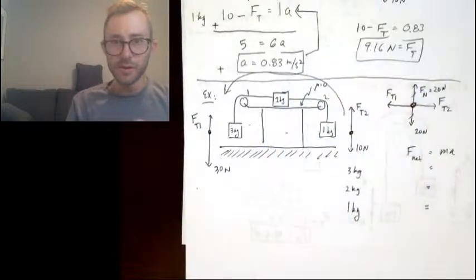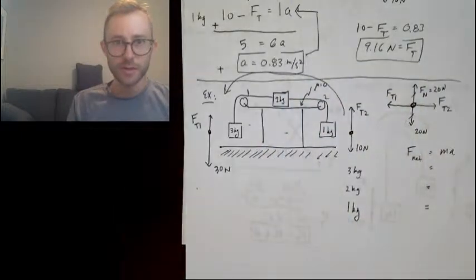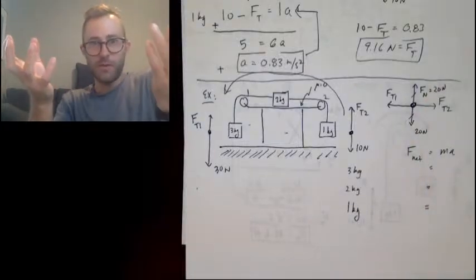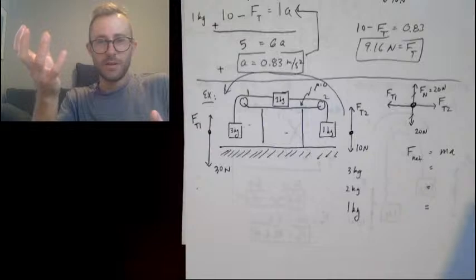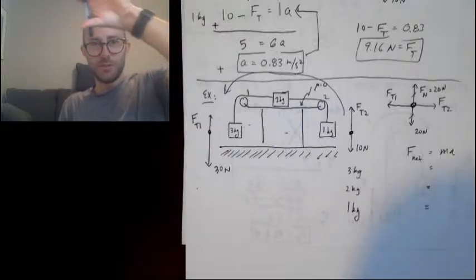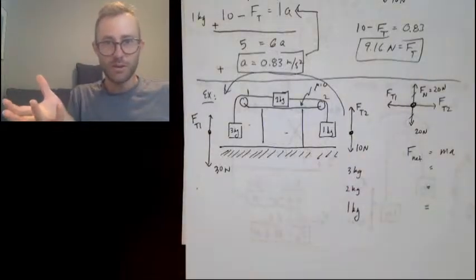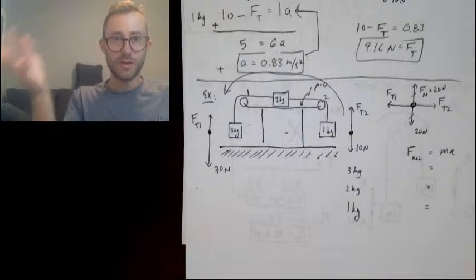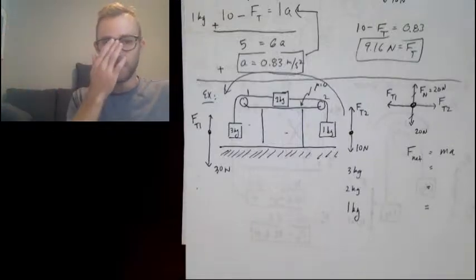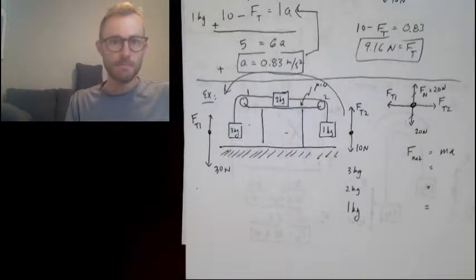And all 3 are going to have the same acceleration because they all are connected by taut ropes. Okay, so if the 3 kilogram mass falls 1 meter, the 2 kilogram mass is going to move to the left 1 meter, and the 1 kilogram mass is going to rise 1 meter. So they all travel the same distance in the same amount of time.